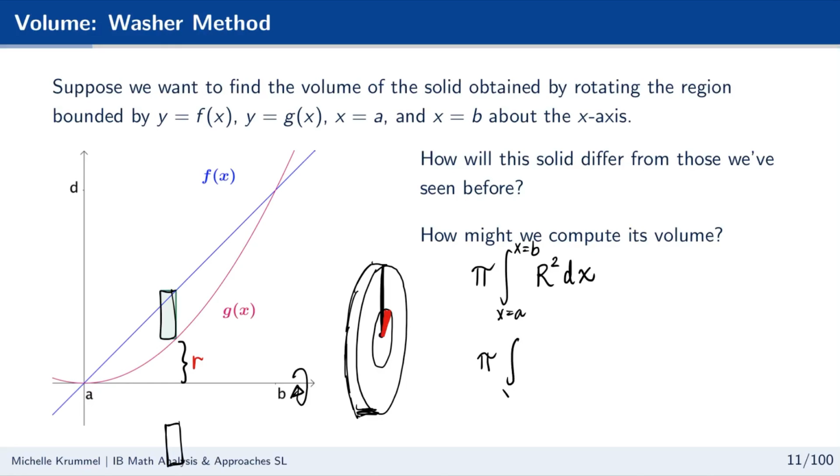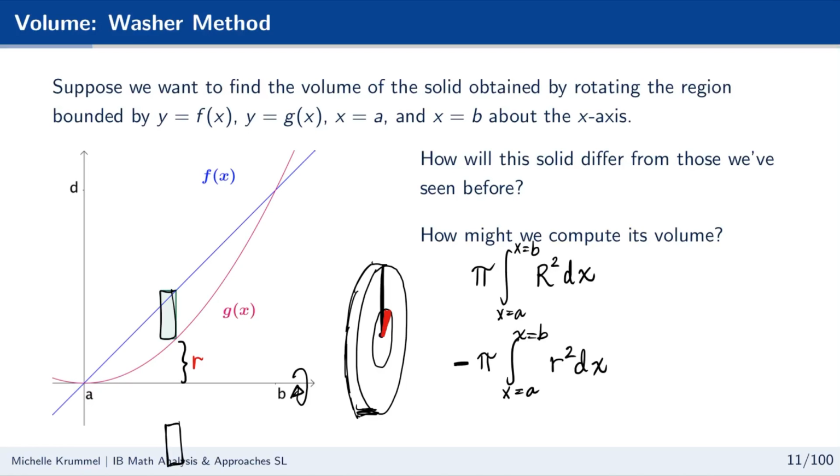Pi, still on the same interval, we're going from x equals a to x equals b, but now it's little r squared dx. So the big disk minus the, and really we're using disk method for the hole to find the volume of that empty space. We're just doing a big disk method minus the little inside disk method. So we need to subtract this one.